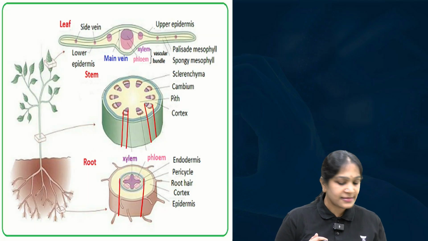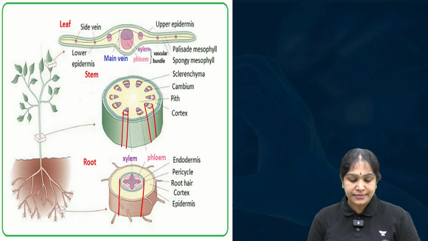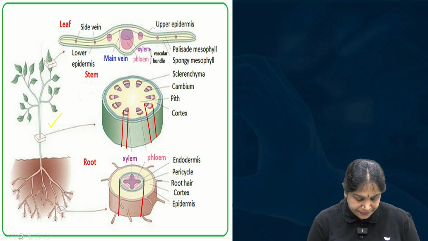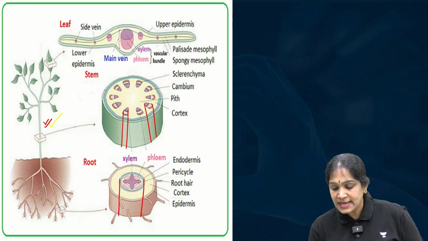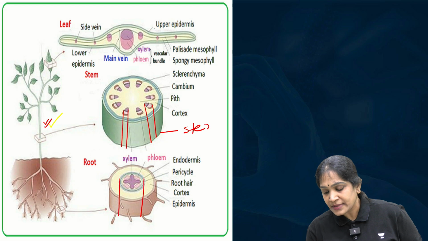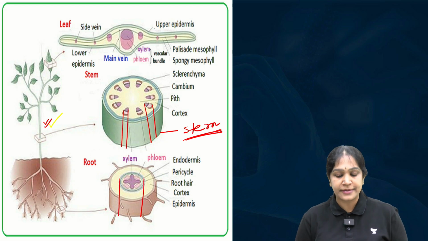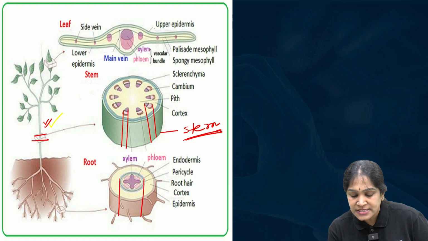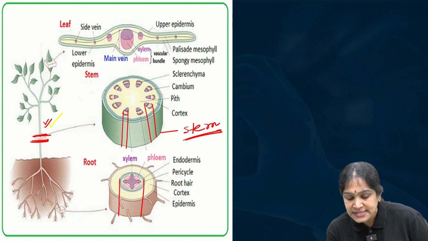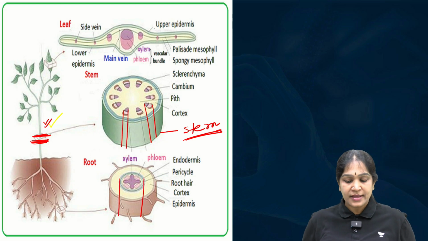Look at here, listen to this carefully. Imagine like this is the plant, right? This is the plant, and this is the stem. Listen carefully, more focus here. This is the stem. I mean, the cross section of the stem. I hope you observe. We have cut the stem here, and this is the cross section of the stem.